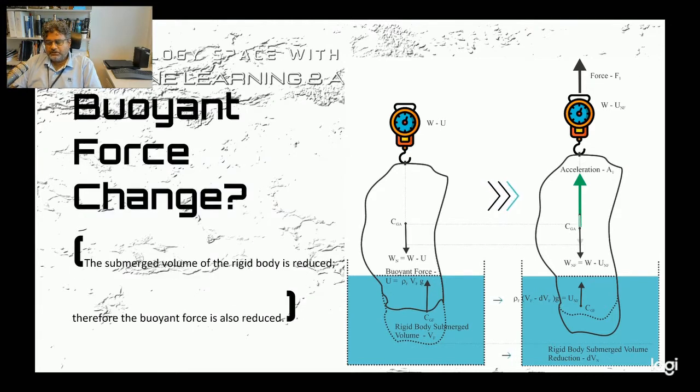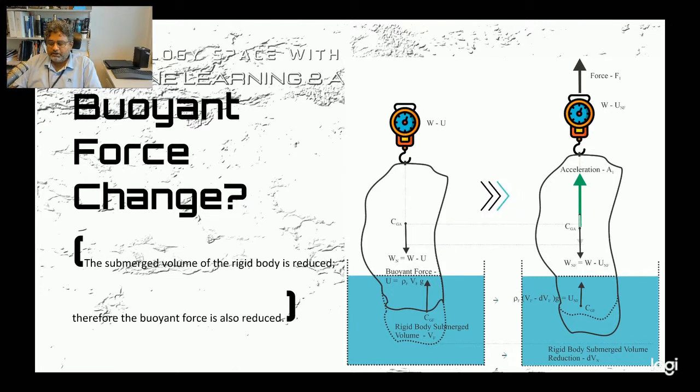Let's see what could happen to the buoyant force due to this external force. When the external force is pulling this rigid body out of the fluid, its partially submerged volume would be reduced. For the same reason, the buoyant force will also be reduced.